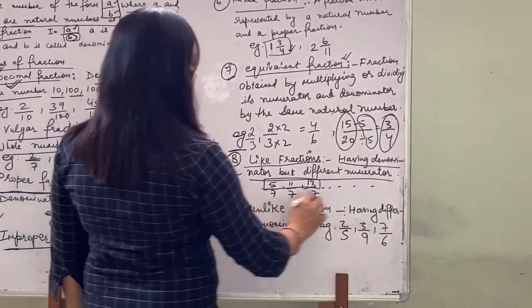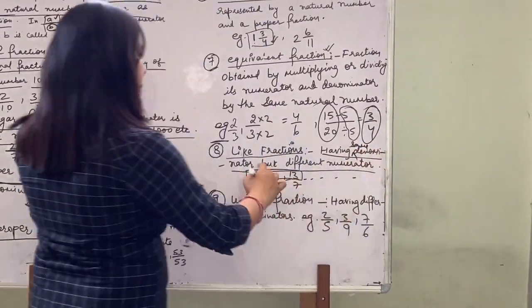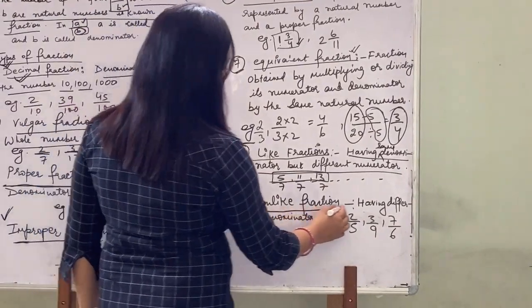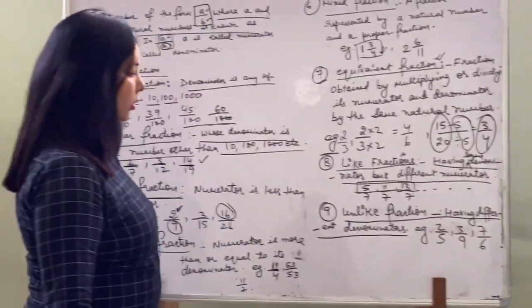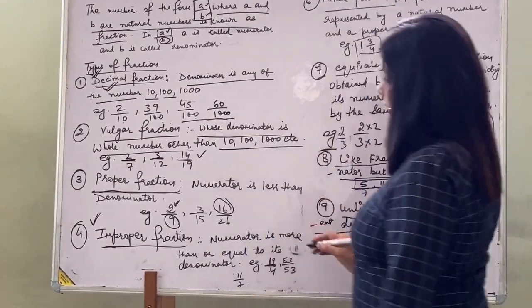So they have the same denominators but different numerators. Now unlike fractions have different numerators and denominators. So these are the different types of fractions that you need to understand.